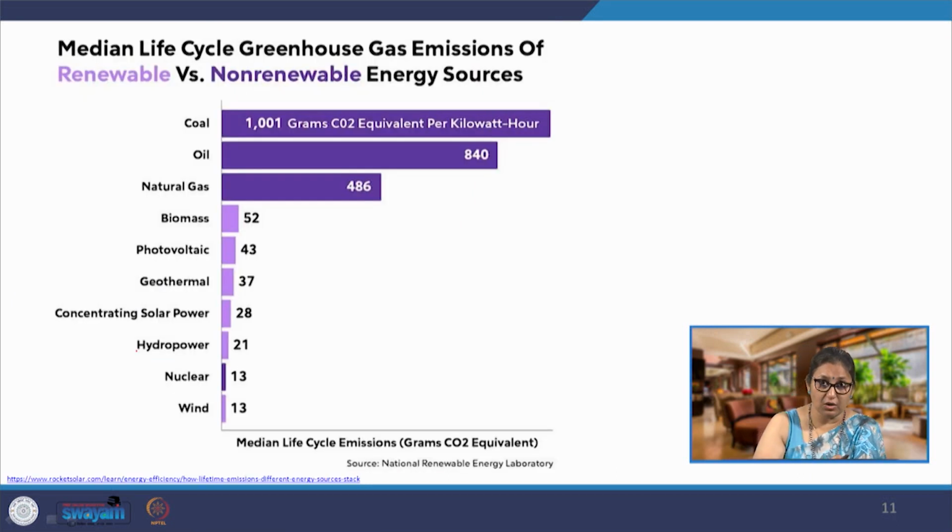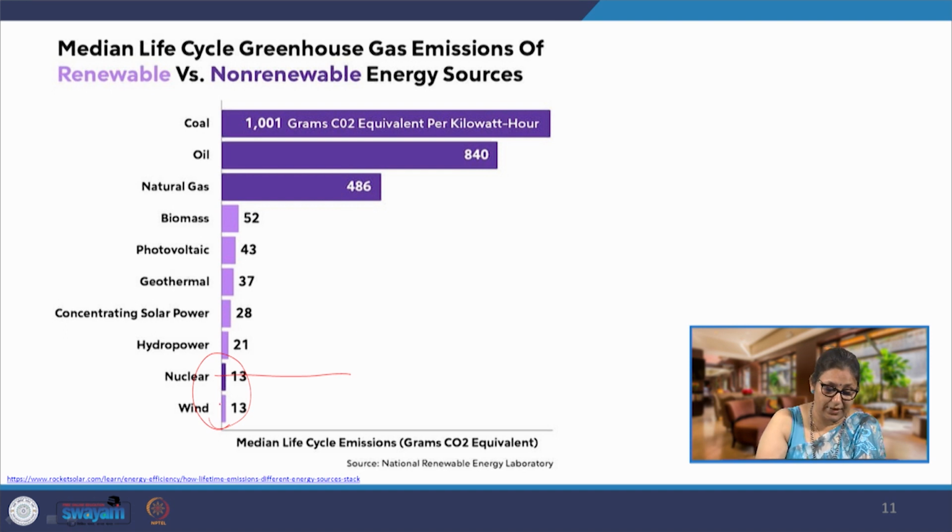If we place all these sources of energy, so we saw the non-renewable and renewable, and if we put all of them in one graph, this is what we are understanding. So, wind and nuclear, nuclear is not renewable, it is non-renewable, but as I clearly said, nuclear still causes significantly lesser amount of emission due to the processes that are there.